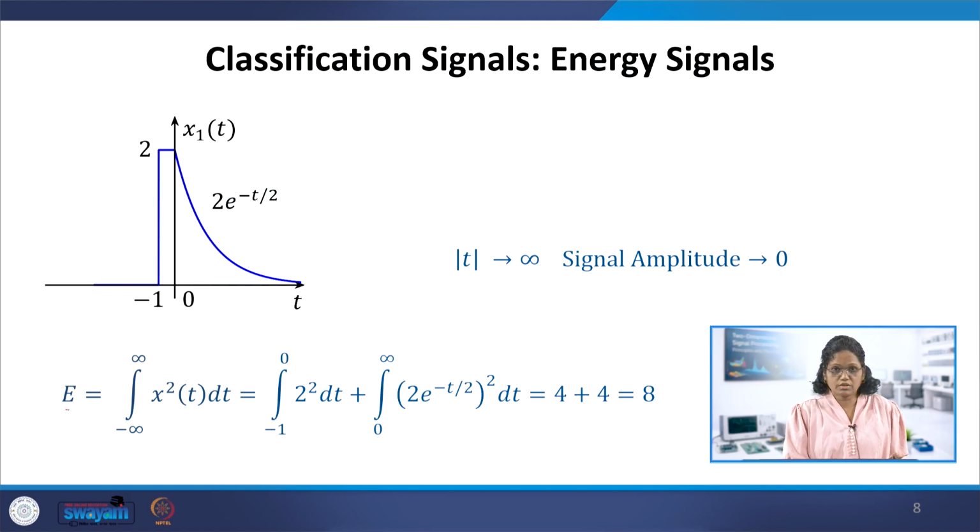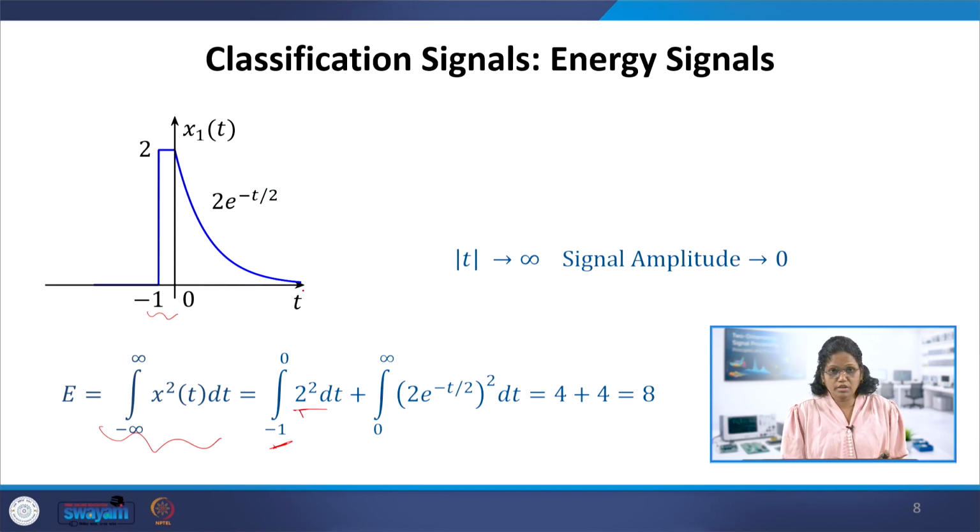And the energy, how do we calculate it? The formula to find the energy of a signal is the integral from minus infinity to plus infinity of x square t dt. Here x of t is defined differently over different intervals. From -1 to 0 it is 2, so your integration is separated into two components. One is from -1 to 0, where the signal is 2, so the integral of 2 square dt.